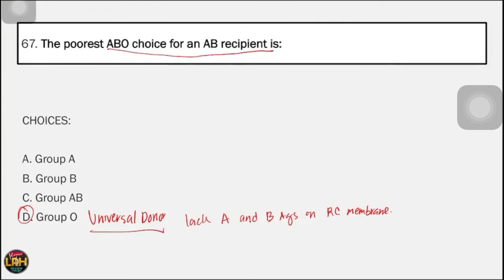However, their plasma contains anti-A and anti-B, presenting a high risk of hemolysis once in contact with certain non-group O recipients. So for number 67, the answer is Group O.